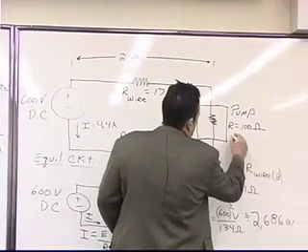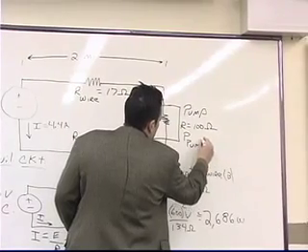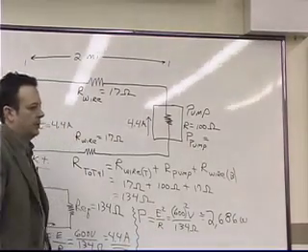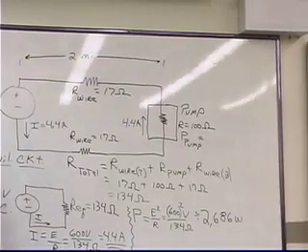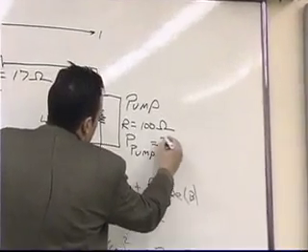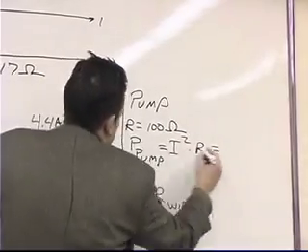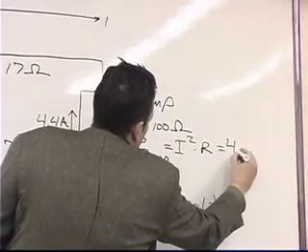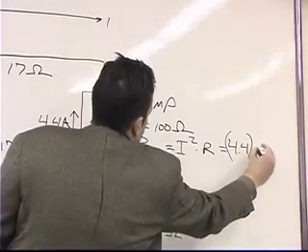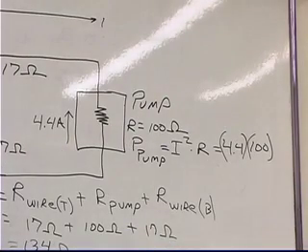If we want to know the power that's absorbed just by the pump, and we want to know it in terms of current and resistance, what formula do we use? I squared times R. Power is equal to current squared multiplied by resistance, which is equal to, in our case, 4.4 amps multiplied by 100 ohms.